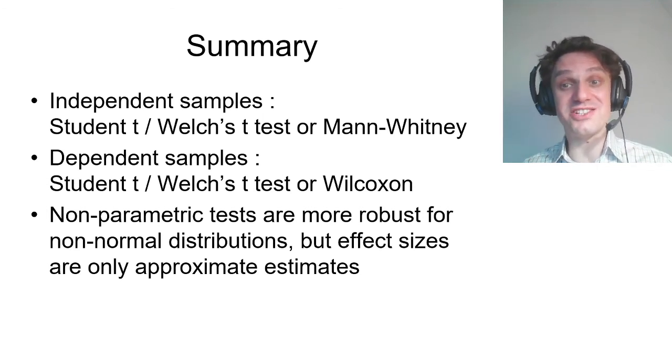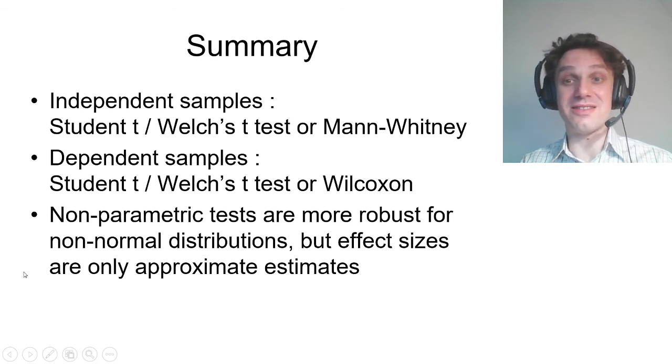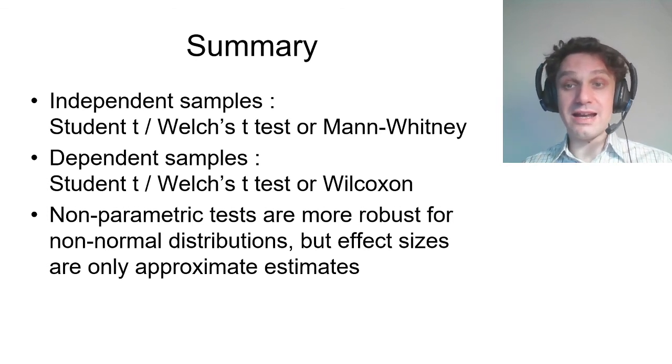However, the disadvantage is that effect sizes that you will get will be only kind of approximate estimates, and it will be harder to compare your findings to other studies. And I hope that you'll practice using those tests in your seminars.